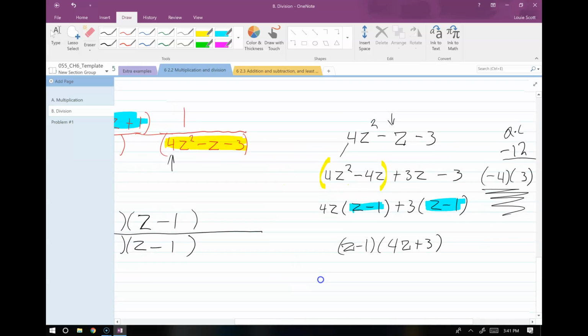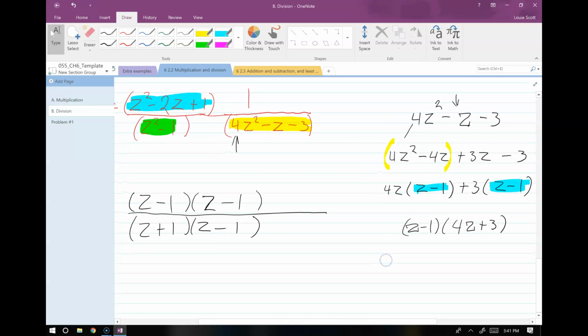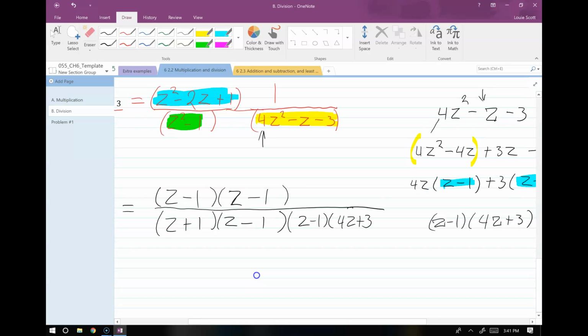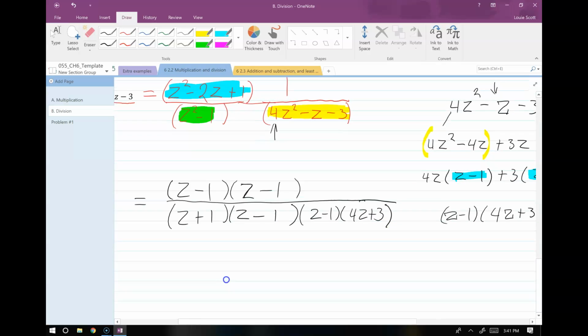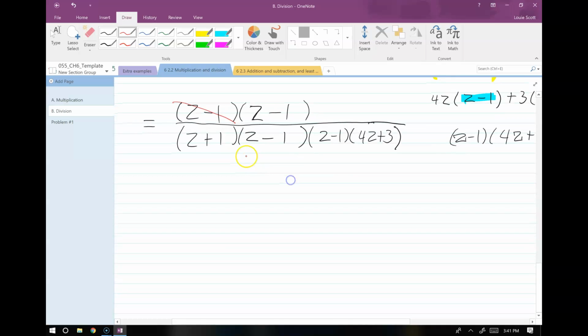Okay, so now all the way back, and we write what we had factored in where that old polynomial was. So z minus 1 times 4z plus 3. Okay. Hey, good. Looks like multiple things cancel here. All right, we have a set of z minus 1s. Whoops, sorry, we have two sets of z minus 1.